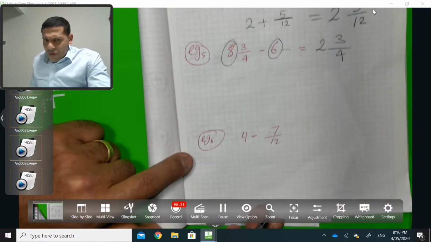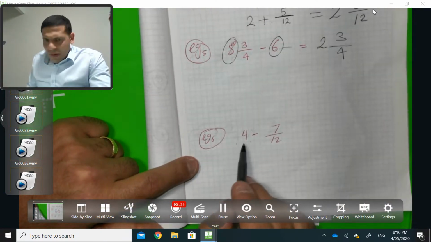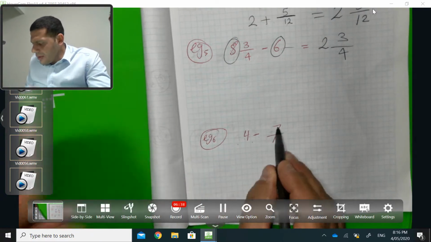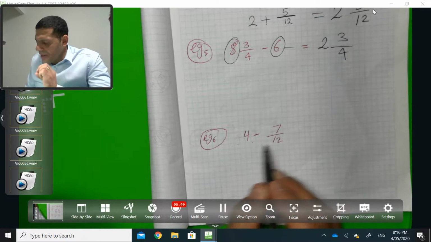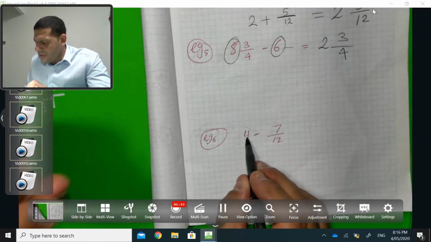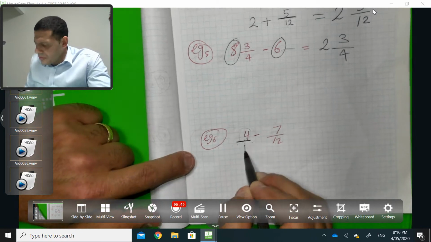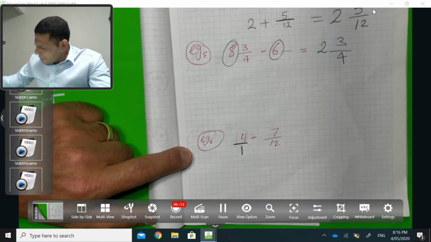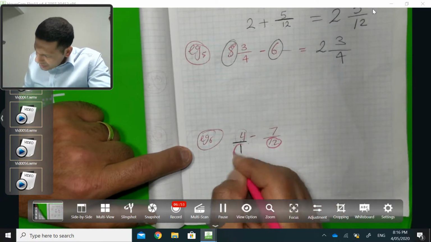Then the last one, 4 minus 7 over 12. Here we have a proper fraction, but here we have a whole number. How do you change this number into a fraction? You put it over 1. Any number you can put over 1, and then you circle the bottom numbers, 1 and 12.